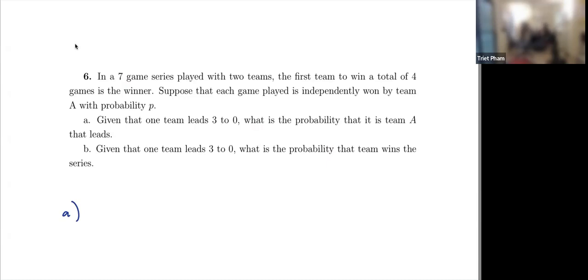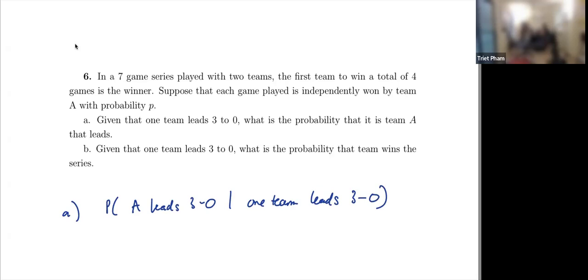Here we have the situation that one team leads 3-0. For part A, the question is to find the probability that A leads 3-0, given that one team leads 3-0.